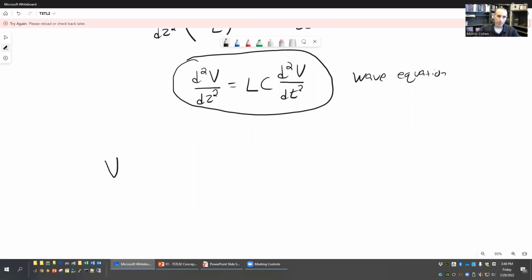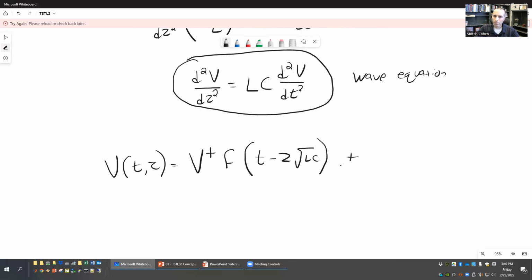It's going to be V as a function of time and space equals V positive times f of t minus z square root of LC, plus V negative times g of t plus z times the square root of LC.